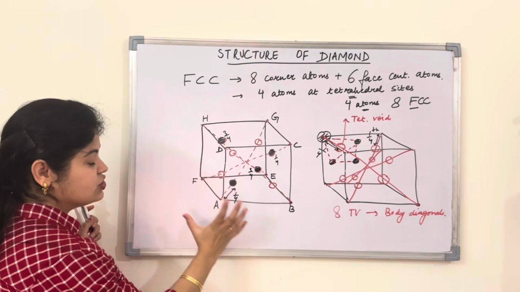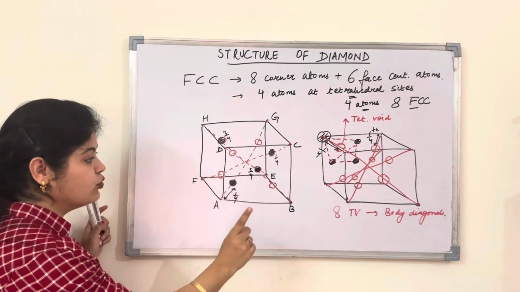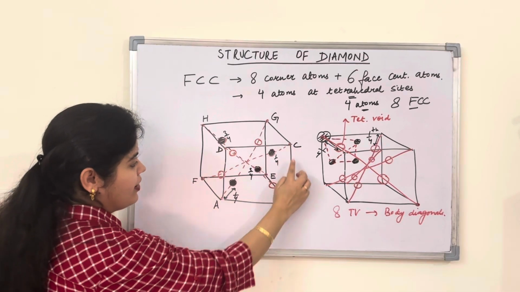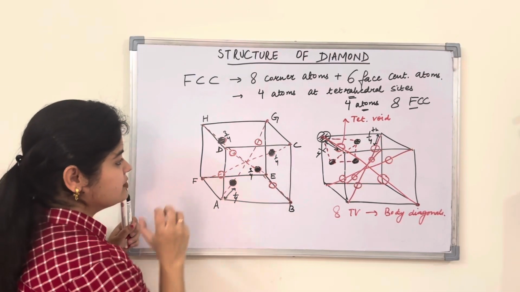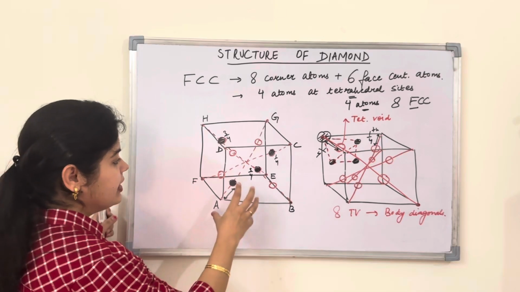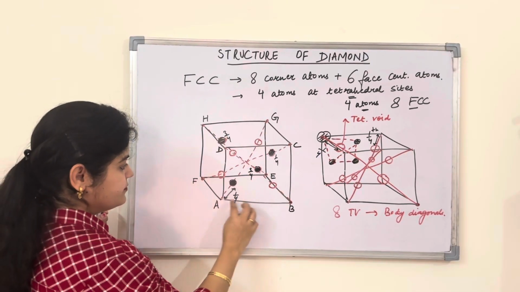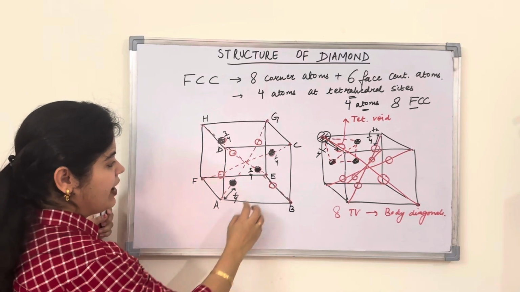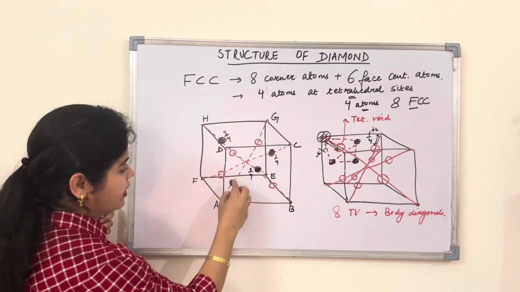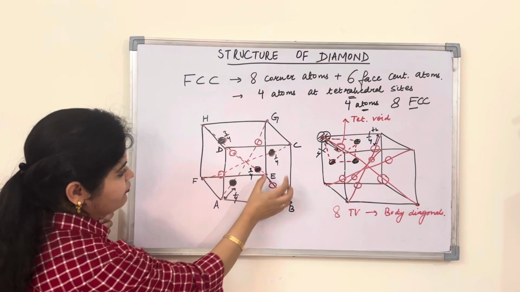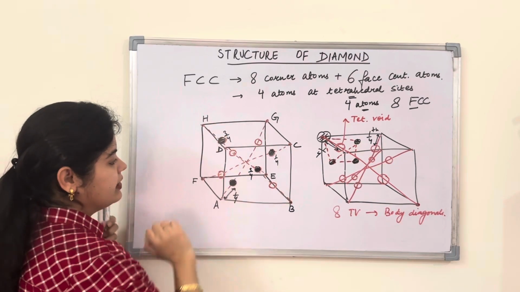And if I just draw one face in 2 dimension, and I look at this particular lattice, then I have atoms at all the corners. Then I have atoms which are located at 1 by 4, 3 by 4, 1 by 4 and again 3 by 4.